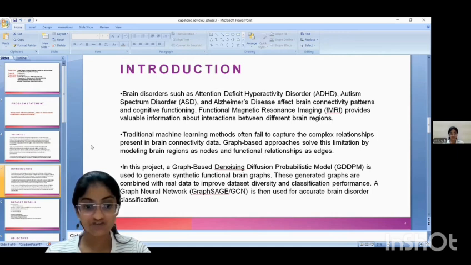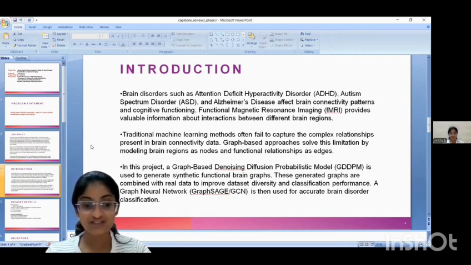Next, coming to the introduction, brain disorders like ADHD and autism affect the connectivity patterns inside the brain. Functional MRI, also called fMRI, helps us to study how the different brain regions interact with each other. Traditional machine learning methods cannot effectively capture the complex brain relationships.